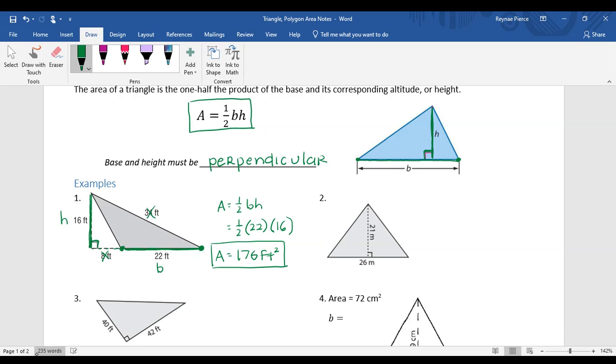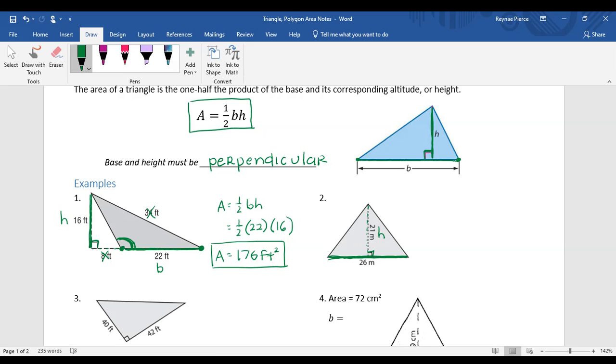So if we've got an obtuse triangle, our height can be outside the triangle. Here with an acute triangle, our height is actually inside, which you guys are probably accustomed to seeing.